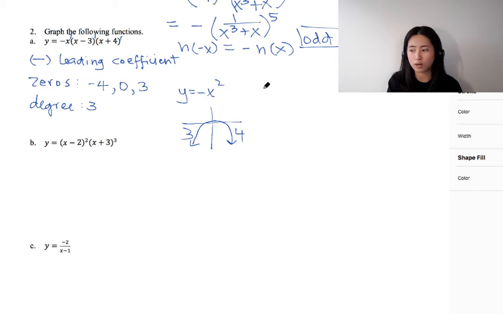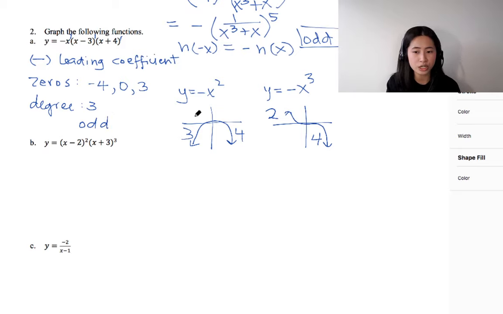However, if you're looking at y is equal to negative x cubed, you know that it's not at quadrant 3 and quadrant 4 because it's actually at quadrant 2 and quadrant 4. Does that make sense? So when you draw this graph, you know that if it's degree 3, therefore it's an odd function, right?